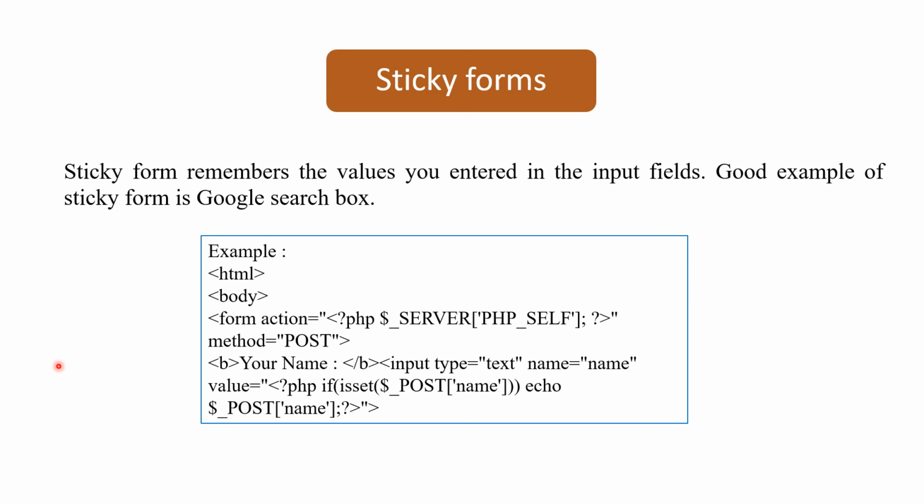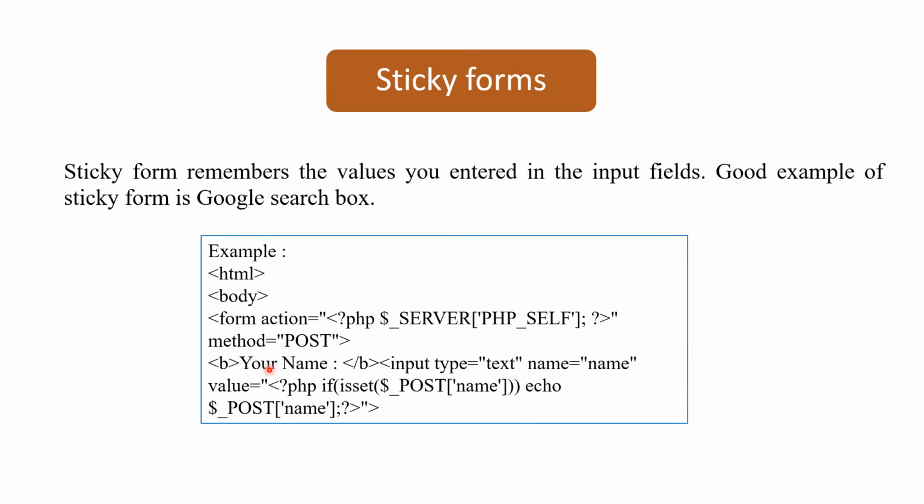Consider this example. Here we write the HTML and the PHP script in the same file, and using the form tag we can also use a self-processing page. In the action attribute, we write the code for the self-processing page, and we use method equal to post.